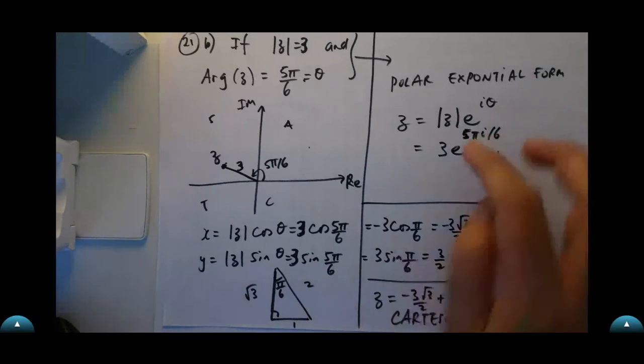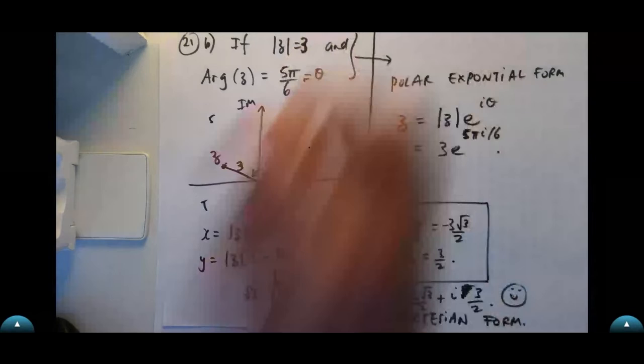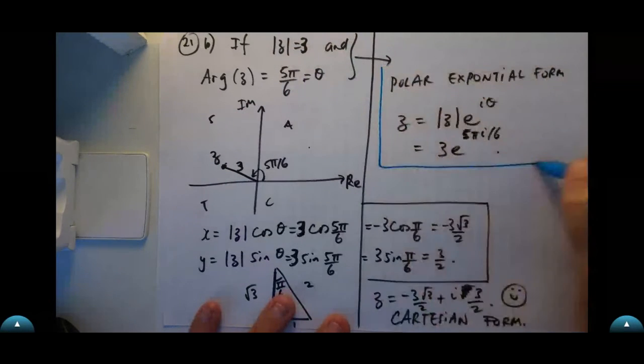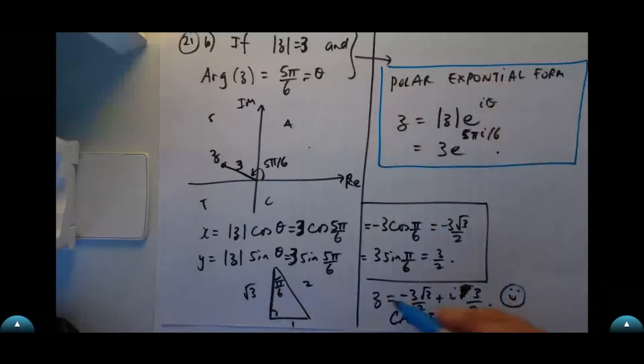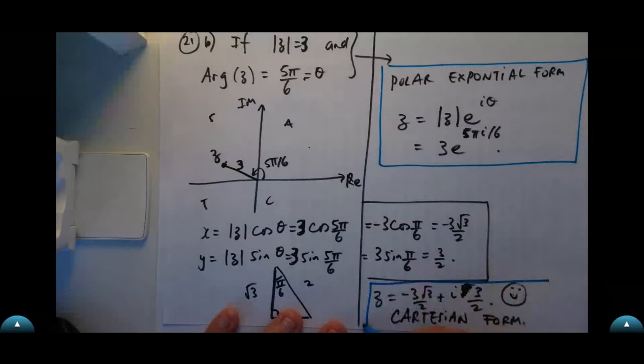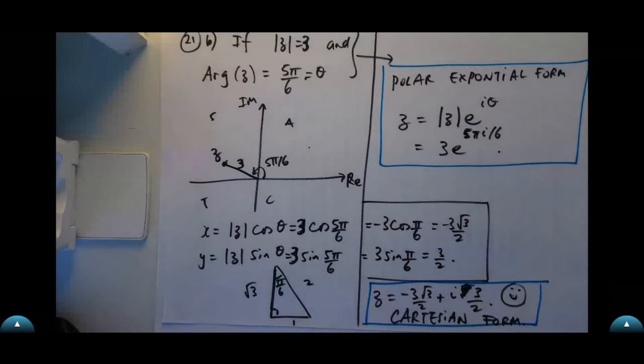So that would be the polar exponential form for this problem, and this would be the Cartesian form.